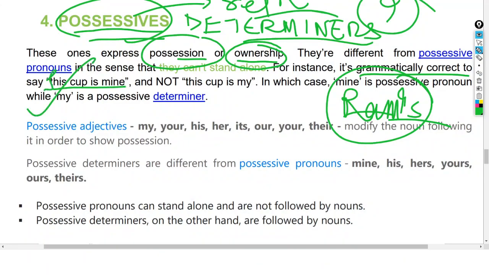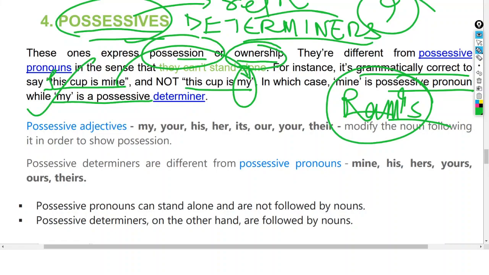Not 'this is mine'. You cannot say 'this cup is my'. You will have to use mine here, because mine is a possessive pronoun, while my is a possessive determiner. Have you got it? So my is the possessive determiner.